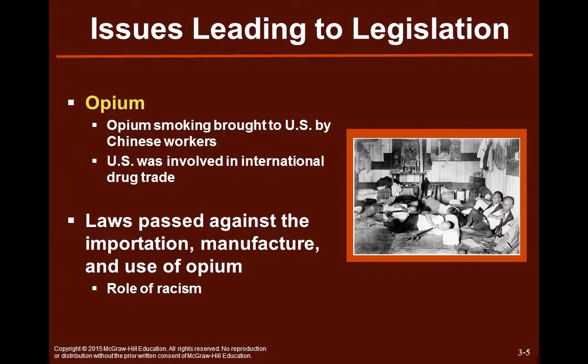But we'll see this trend that we'll repeat several times as we talk about different illicit drugs here in the U.S., where cultural concerns about the presence of the immigrants was translated into the legislating against the use of a substance that was thought to be common among that population. So we see laws passed against importing, manufacturing, and using opium.